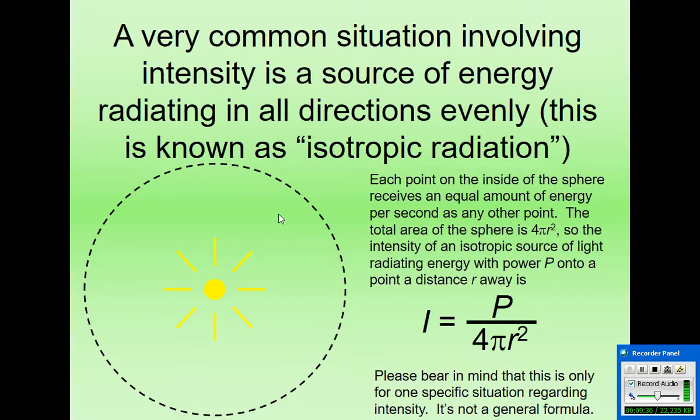And we want the surface area of a sphere, because that's the area being illuminated. The formula for the surface of a sphere is 4 pi r squared. So P over 4 pi r squared gives us the intensity for anybody some distance r away from an isotropic source radiating power at a rate of capital P.